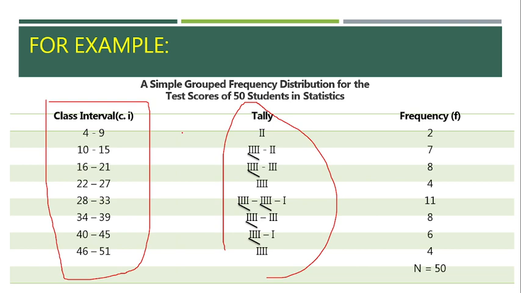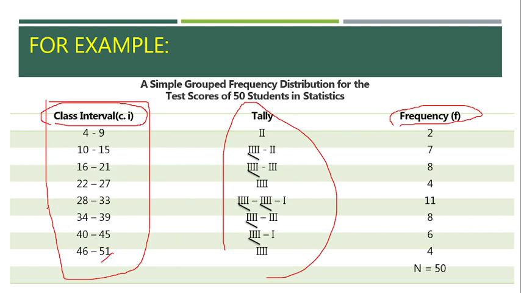And we know that a simple frequency distribution table consists of class interval, or CI, and frequency only. So we have these intervals: 4 to 9, 10 to 15, 16 to 21, 22 to 27, and so on, up until the highest score.